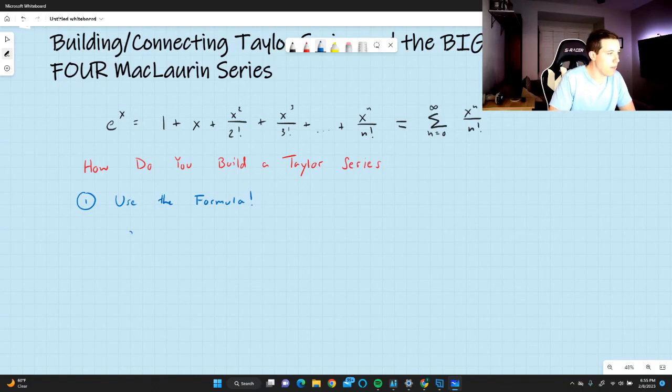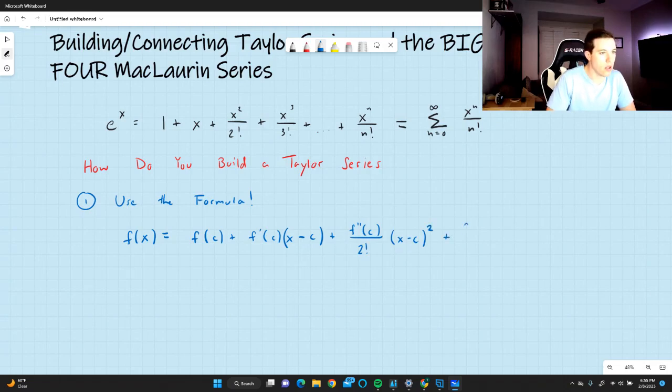It says that f of x equals f of c plus f prime of c times x minus c, plus the second derivative at c over 2 factorial times x minus c squared, plus the third derivative at c over 3 factorial times x minus c cubed.